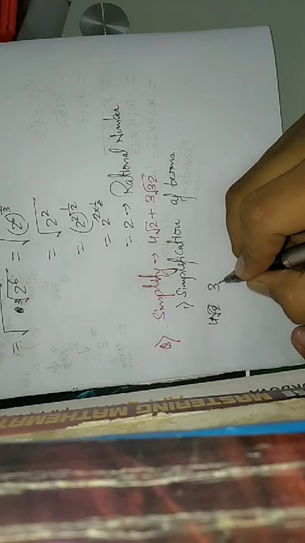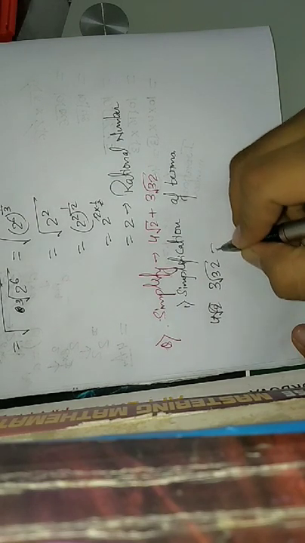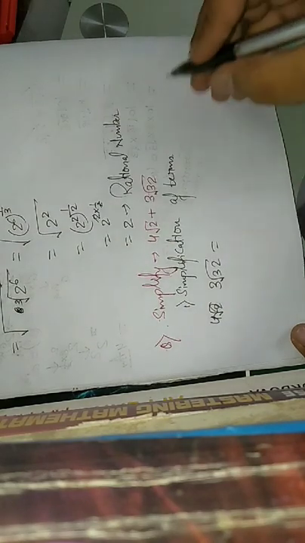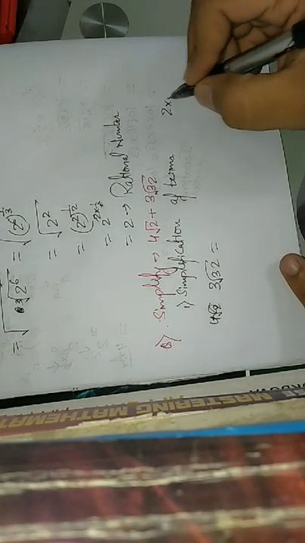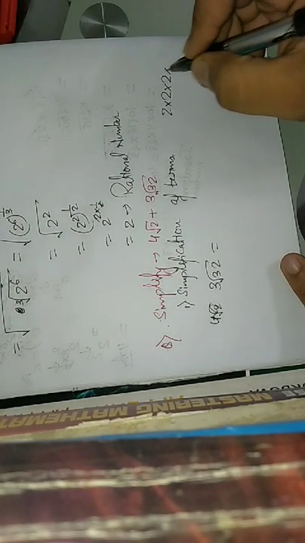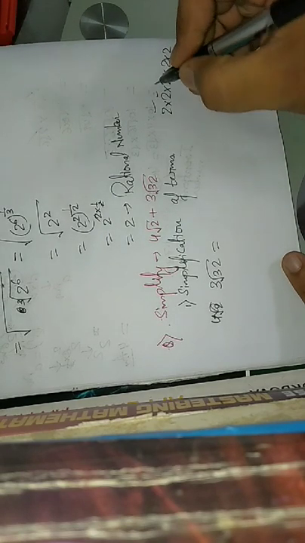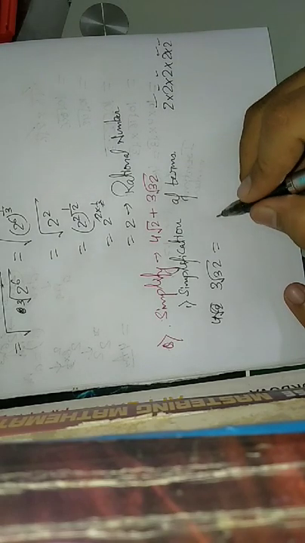So let's write it as, you see students, 32 means 2, 4, 8, 16, 32. So this is 2 power 5, but 2 power 5 won't suffice.